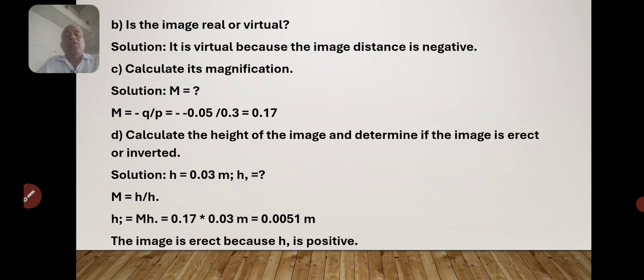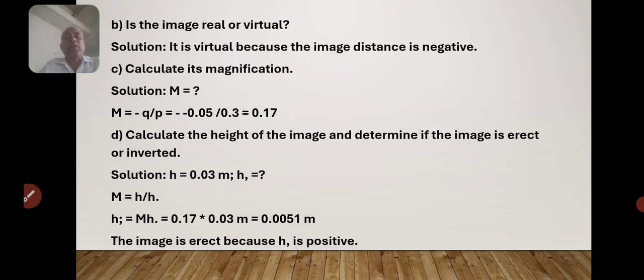Now the next question is to calculate the height of the image and determine if the image is erect or inverted. Solution: Ho = 0.03 meter, and we have to calculate the value of Hi.